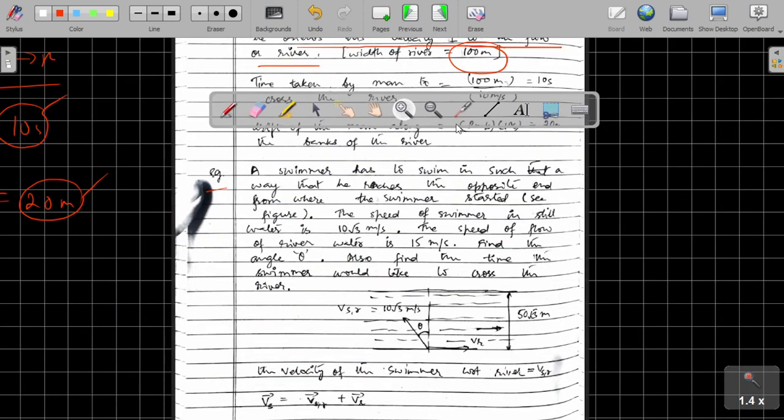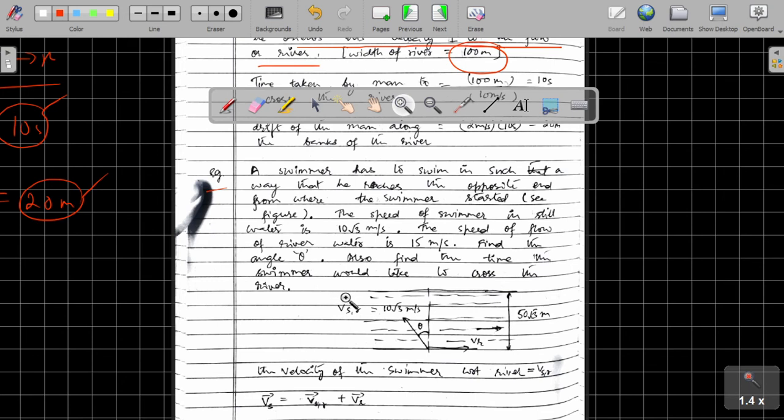The man started from some point S and he has to reach some point A. You are given the speed of the man, he can swim at 10 root 3, and the speed of the river, which is 50. At what angle should he orient himself so that he crosses the river straight from points S to A?